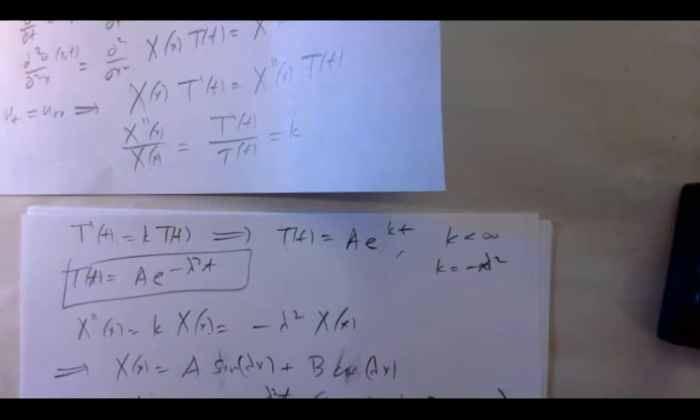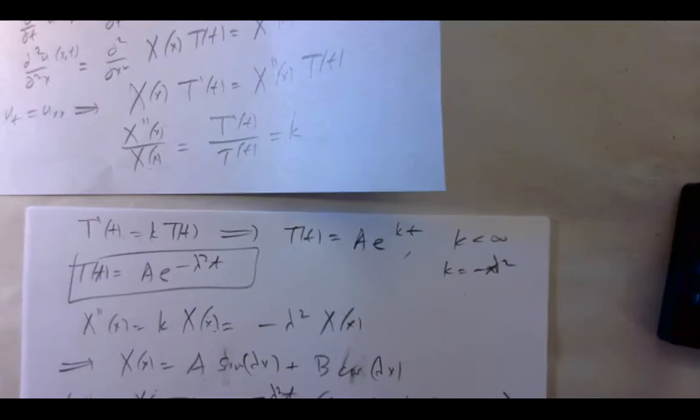And if we look at the boundary conditions, u of 0, t is equal to e to the minus lambda squared t. When x is 0, sine is 0. When x is 0, this is B. This is B e to the minus lambda squared t.